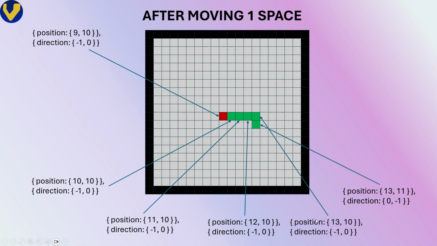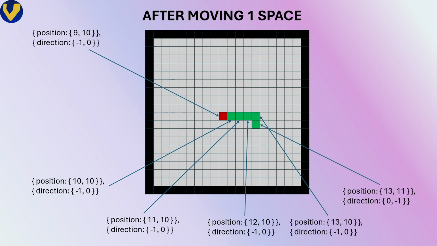So once the snake moves, no matter what position it's in, it will always inherit the direction vector of the piece before it. So our first segment inherited from the head, the second inherited from the first, the third inherited from the second, the fourth inherited from the third, the fifth inherited from the fourth, and the old fourth one was 0, -1, so it is still 0, -1.